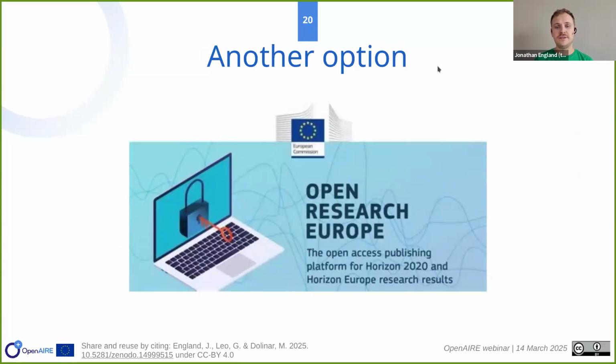So in terms of open access, these are all the different options that you have usually, but with the European Commission specifically, you have, let's say, another solution, which is Open Research Europe. And I will invite now Gabriele from the European Commission to talk about it.